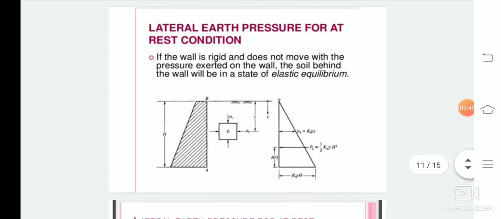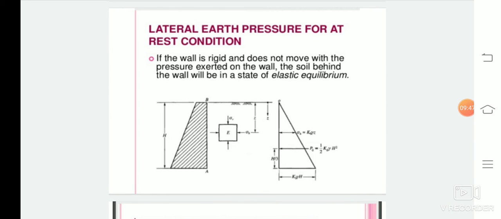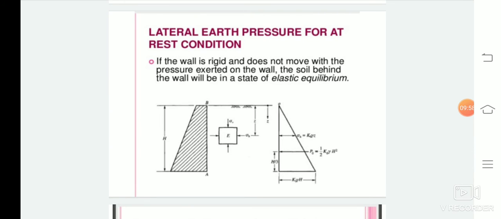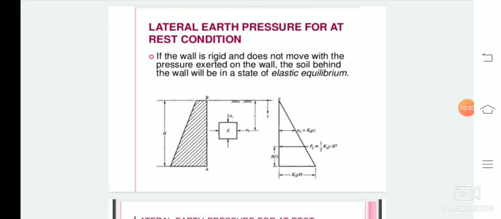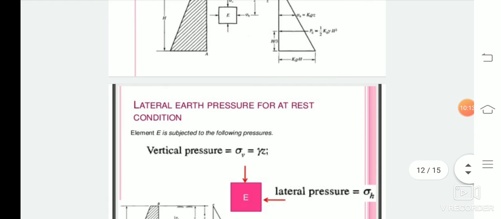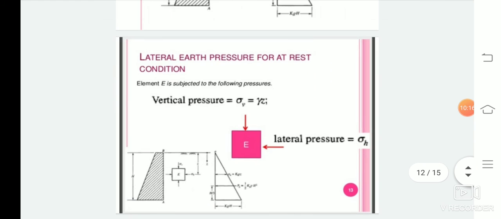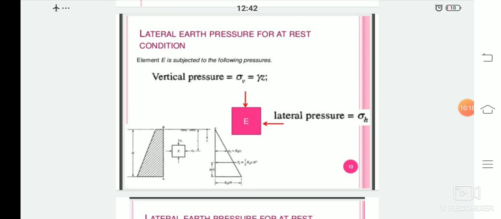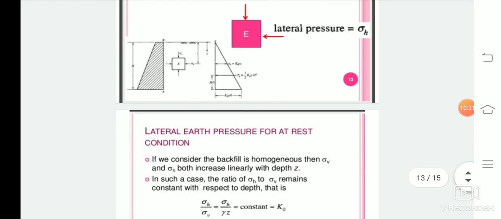From the figure, it can be identified that a small soil element is considered, situated at a depth z from the ground level, where the vertical stress sigma v and the horizontal stress sigma h are acting on it, and there will be no shear stress. The earth pressure at rest, corresponding to the condition of zero lateral strain, is given by sigma h by sigma v, where sigma h is the lateral pressure and sigma v is the vertical pressure.